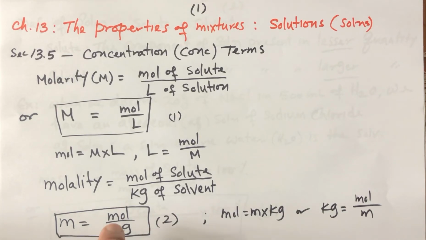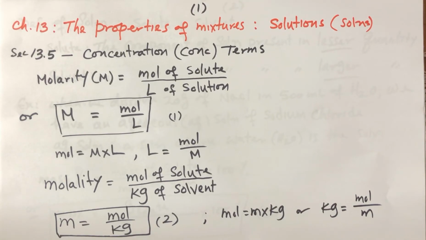The second concentration unit or concentration term is called molality. Molality is symbolized by the lowercase m, and it's defined as the moles of solute divided by the kilograms of solvent. So in the form of an equation, like the previous case, we write it as moles divided by kilogram, where it's understood that the denominator now refers to the kilogram of the solvent.